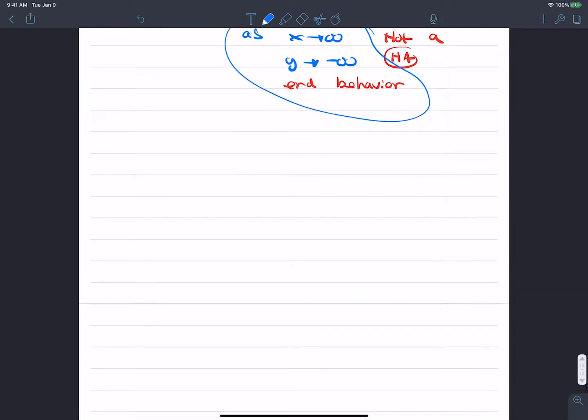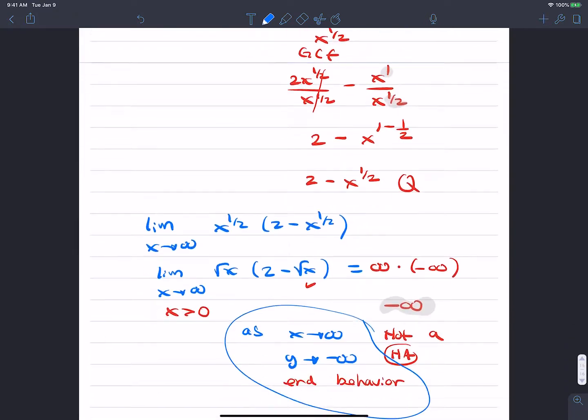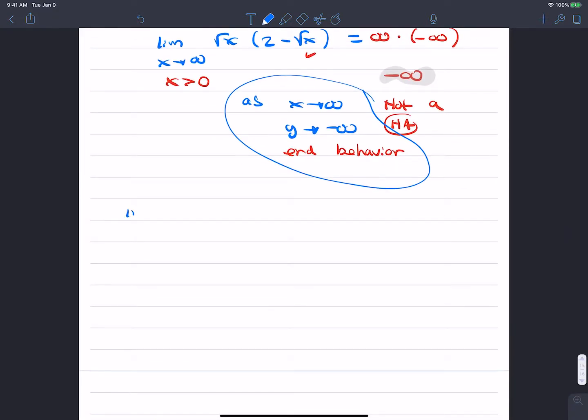So after we get the asymptotes, what comes next? I think what? Increasing, decreasing? Is that true? And our curve here, what's the function? f of x is 2 square root of x minus x.